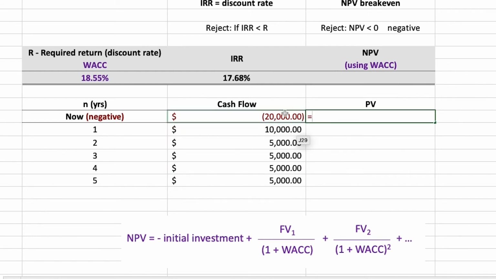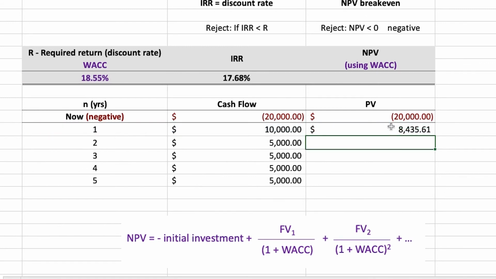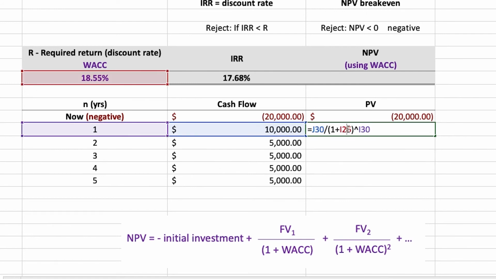So now first is the initial investment. Then we need to follow the formula here. The future cash flow for the first year over 1 plus WACC. And this is first year. So this is 1. And we're going to use Command T to lock the cell.